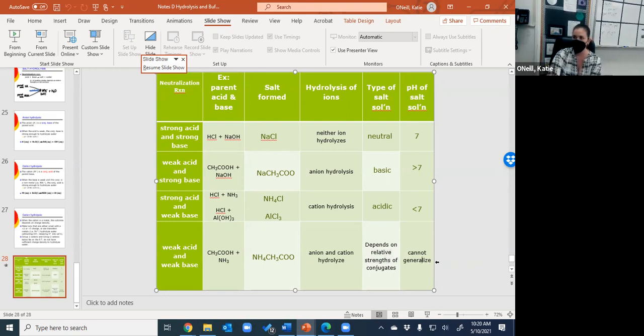So just because you can't generalize it doesn't mean it doesn't hydrolyze. It just means you can't predict whether it'll be acid or base. It depends on which one's stronger. Well, actually, it depends on which one of these is weaker, because we don't have the stronger conjugate.